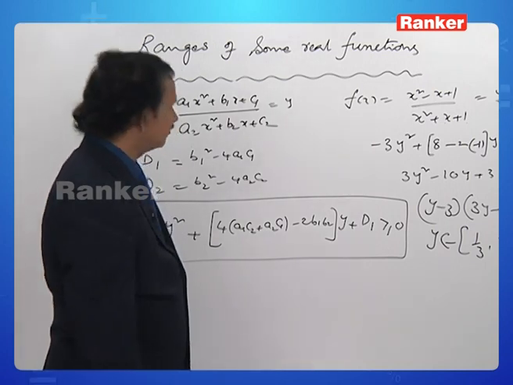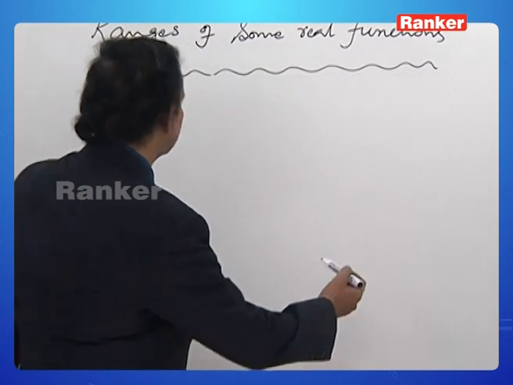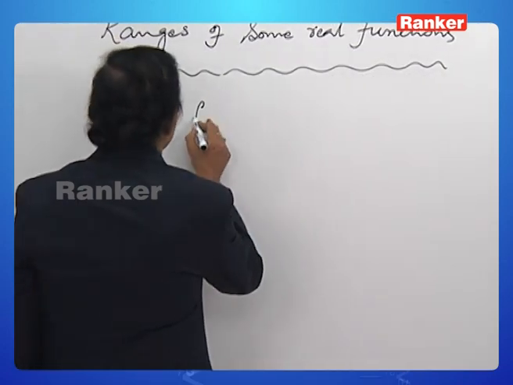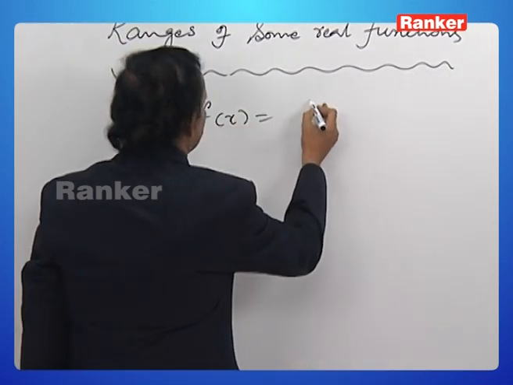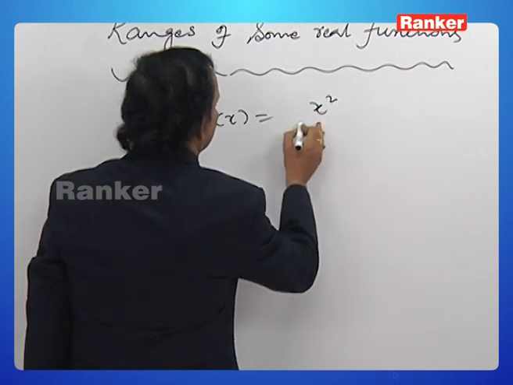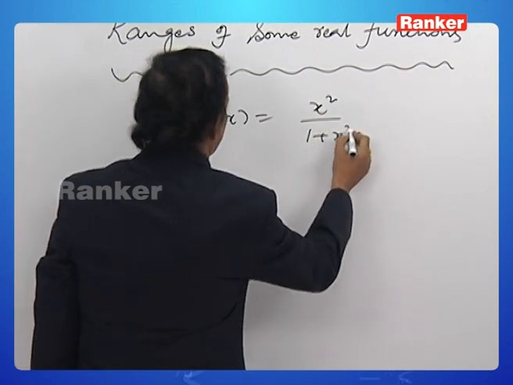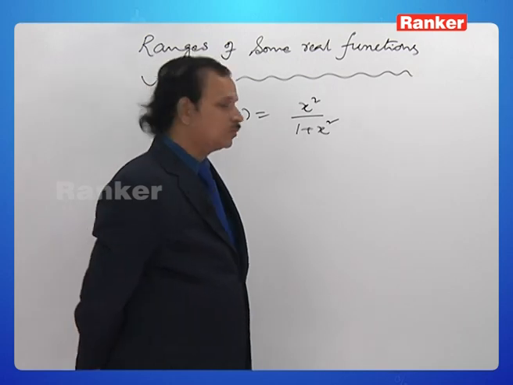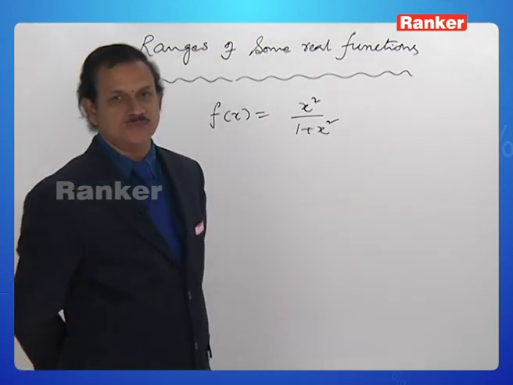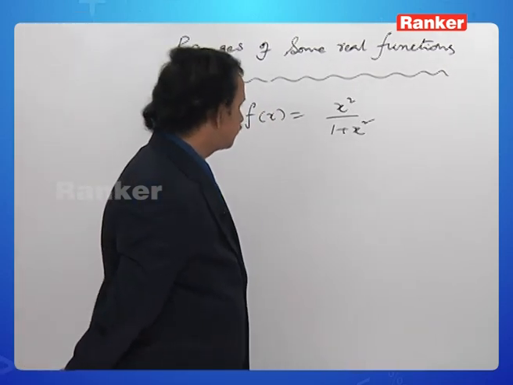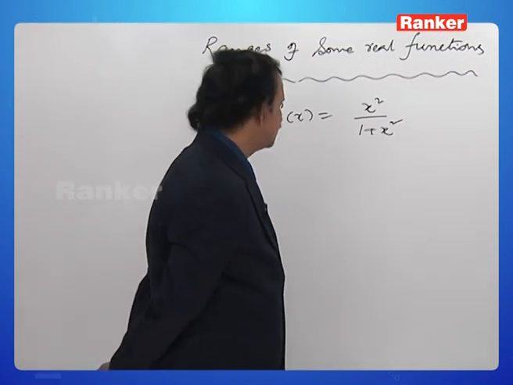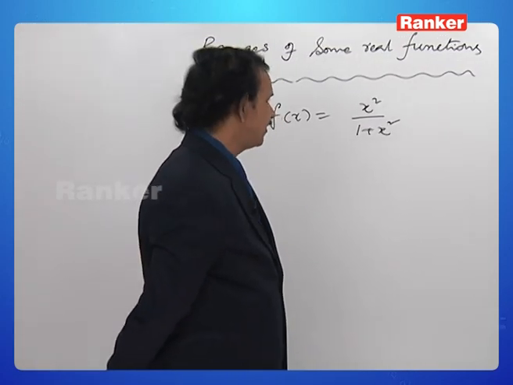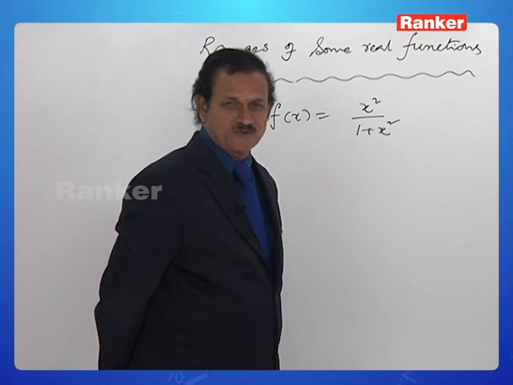Well, let us observe one more such thing. Consider the function f of x is equal to x square by 1 plus x square. Of course, it's not impossible. Both numerator and denominator are quadratic expressions.